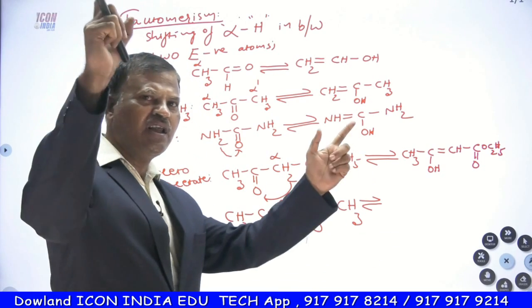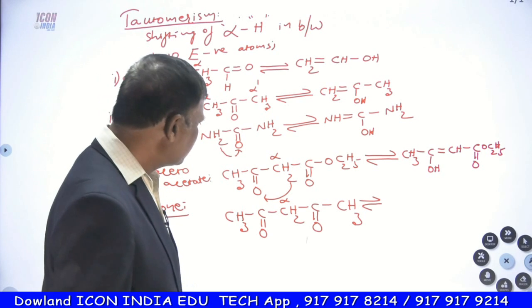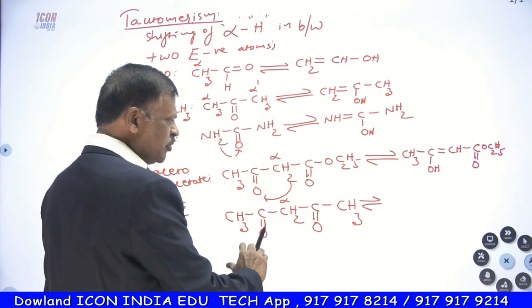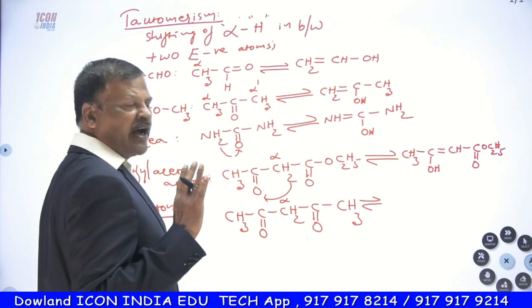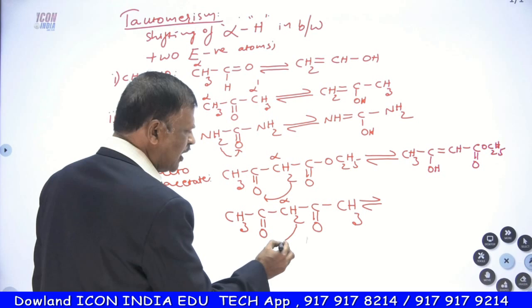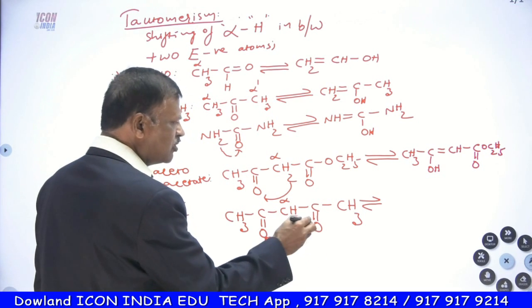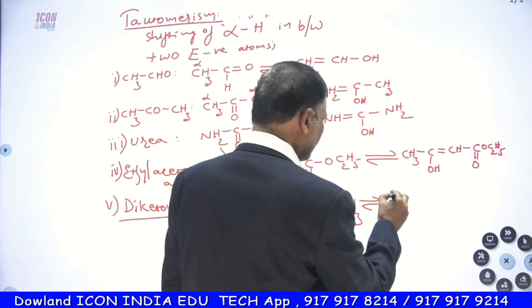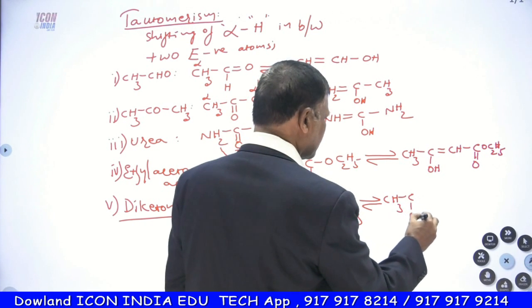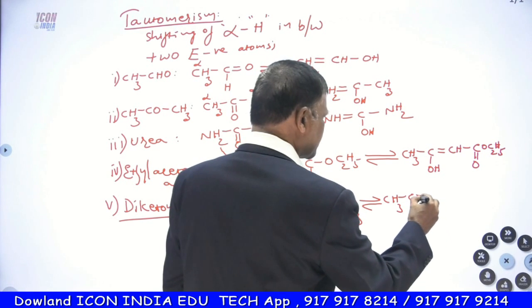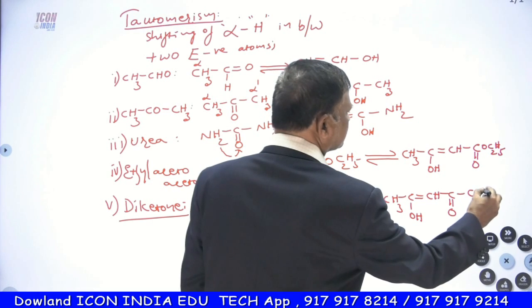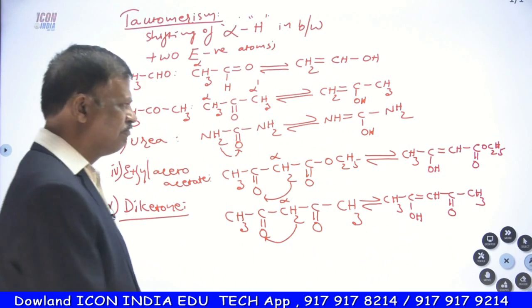Definitely hydrogen is more easily released as proton. Thus, please always remember the methylene group in between two electron withdrawing groups is always an active methylene group. That is the reason you can shift this hydrogen either to this oxygen or to that oxygen. It is one and the same. So, CH3-C(OH)=CH-C(=O)-CH3, like this. That is the enolic form.